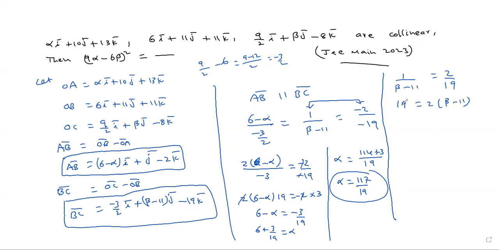Then 19/2 plus 11 is beta. Yes, beta is equal to, 2 is the LCM, 19 plus 22, which is 41/2. Clear? Beta is 41/2.